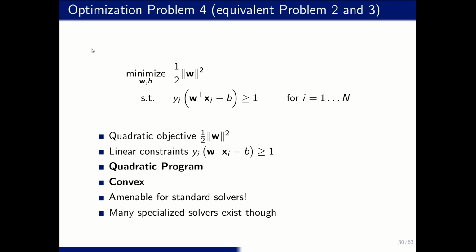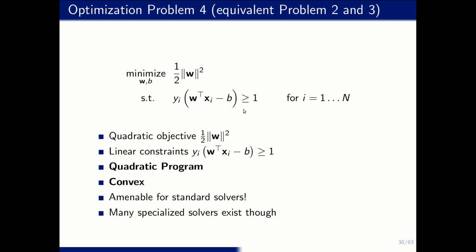And therefore we now arrive at this fourth optimization problem, which is equivalent to the previous optimization problems: minimize with respect to the parameters of our hyperplane a half of the quadratic norm of our normal vector, subject to these margin constraints here. And now we have good news.